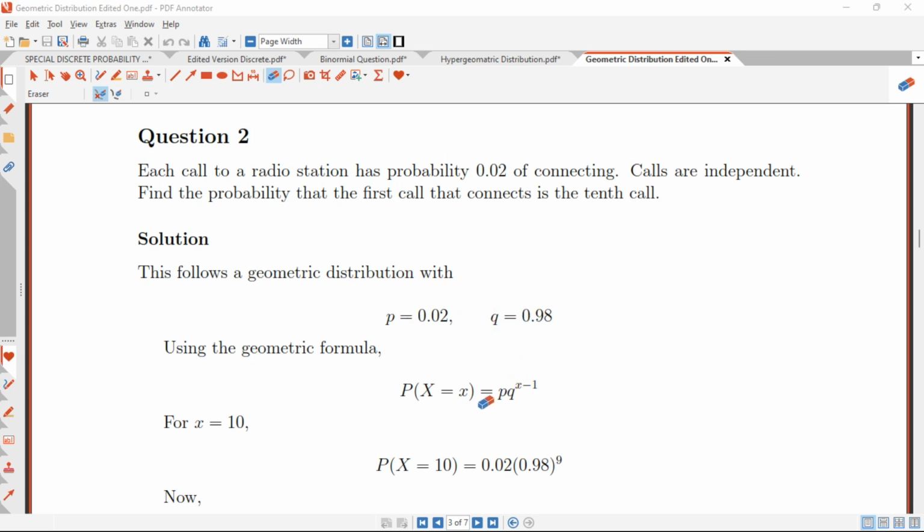Okay, and then our geometric distribution PMF is p times (1 minus p) all raised to the power x minus 1, or we know that 1 minus p is q, so it can be used interchangeably. And then our x is given as 10. There were 10 calls before we got our first success.